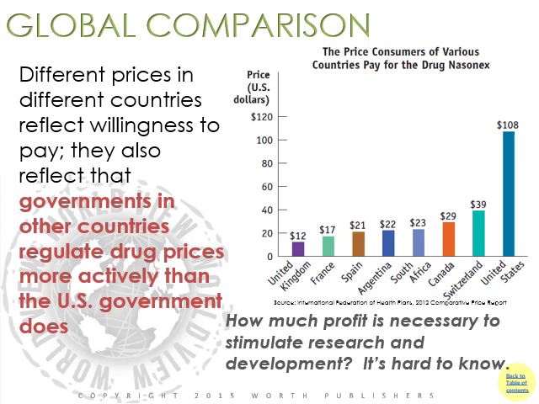In the United States, when a prescription drug is under patent, prices tend to be the highest in the world. So you can look at Nasonex. The price in the United States is $108. Other major industrialized countries: $39 in Switzerland, $29 in Canada, $12 in the United Kingdom.